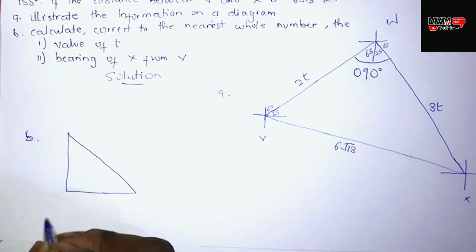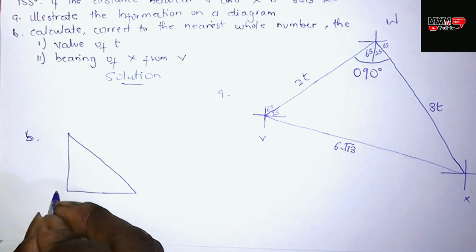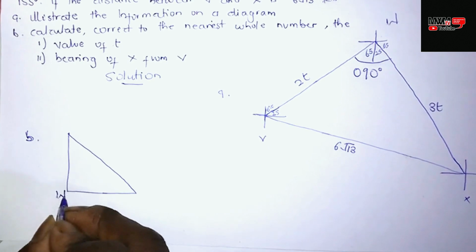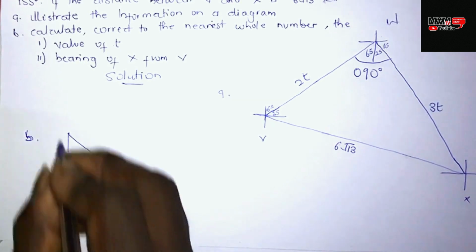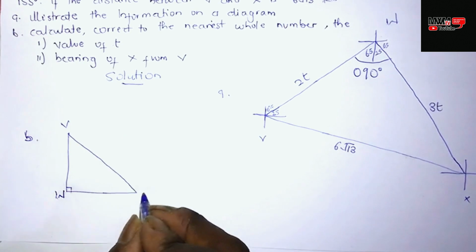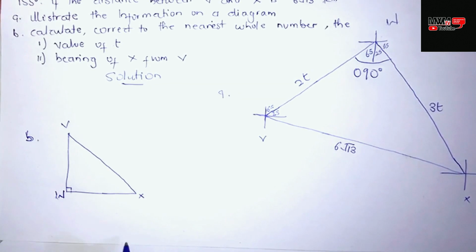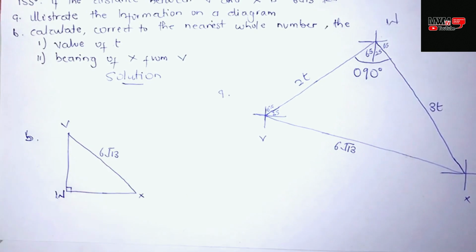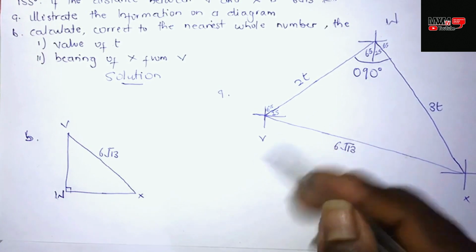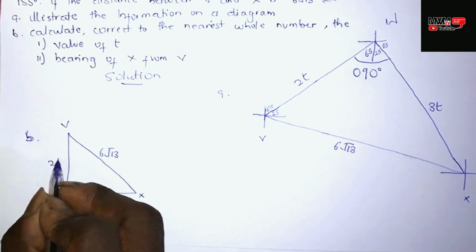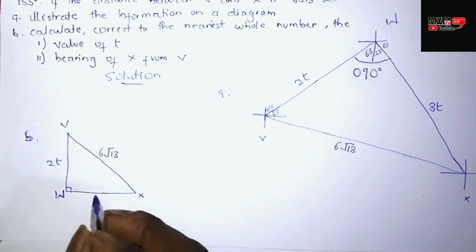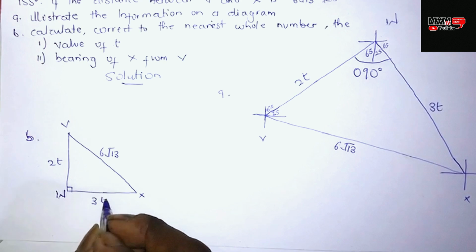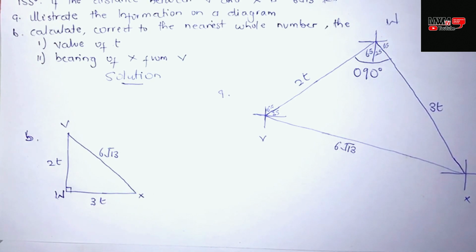You realize that the 90 degrees is at W, so I'm going to put W here where the 90 degrees is, and put V and X. Now the distance between V and X is 6 root 13, and V to W is 2t. So I have 2t here, and I have 3t here. So I can easily apply the Pythagoras theorem.